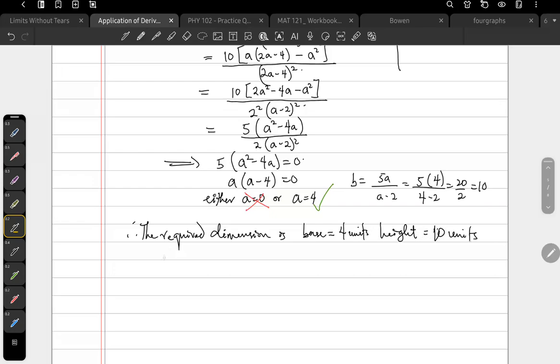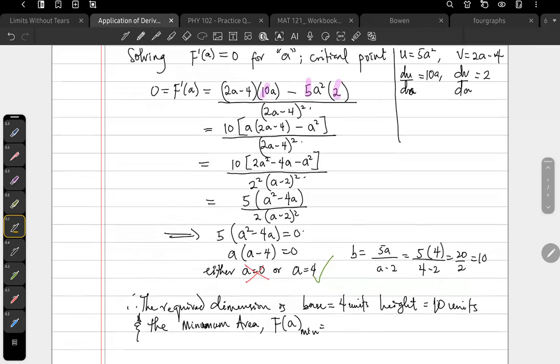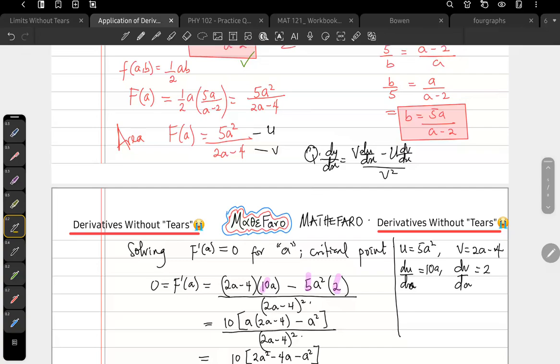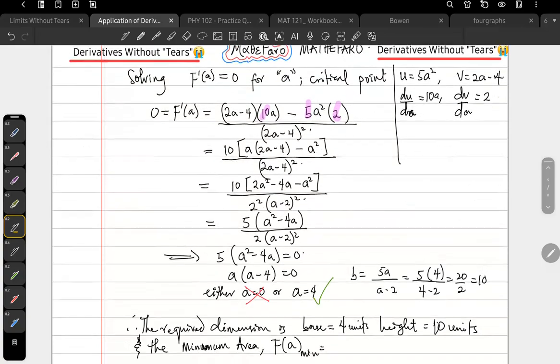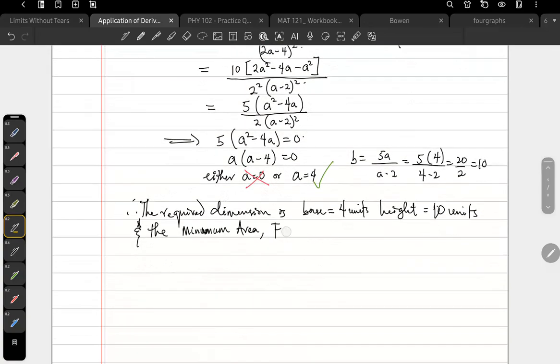and the minimum area is given by f of a for when a is 4. The formula for f of a is 5a squared. We could just use the half base times height.